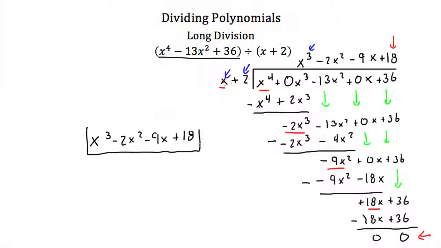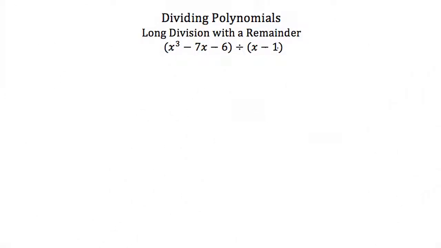So whenever you're doing polynomial long division and you're missing an x cubed term or any term, just enter that term with a 0 coefficient and then do your polynomial long division. Now let's do one last example of polynomial long division. Here we have x cubed minus 7x minus 6, and it's divided by x minus 1.